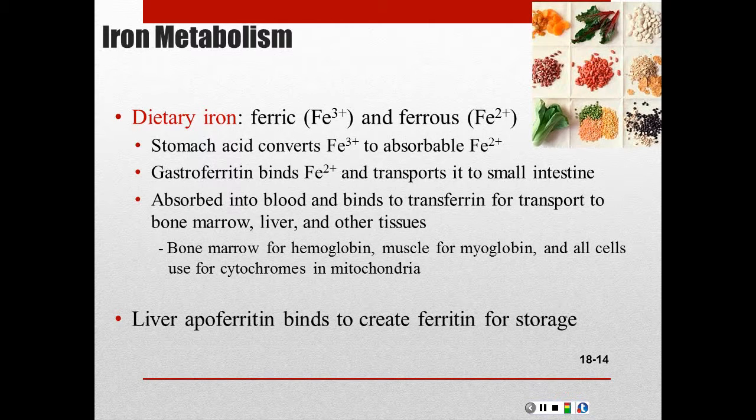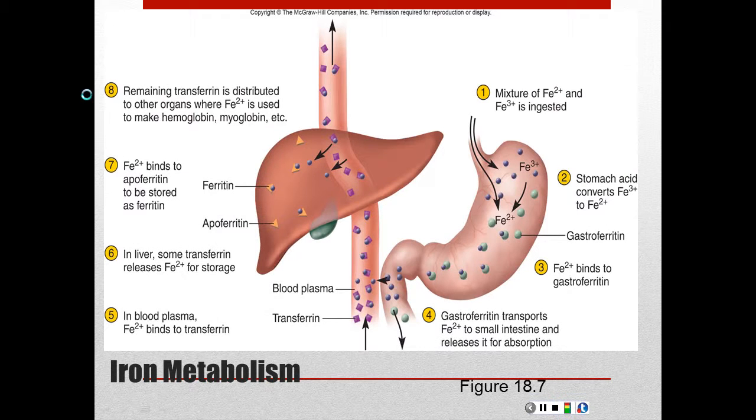So let's take a look at this diagram. We'll talk a little bit more about how iron is metabolized. Now, once we ingest iron, it needs to be broken down. It reaches through the digestive system to the stomach. Now when it reaches the stomach, we have a protein called gastroferritin, which is what the stomach produces, and it will bind to the Fe2.